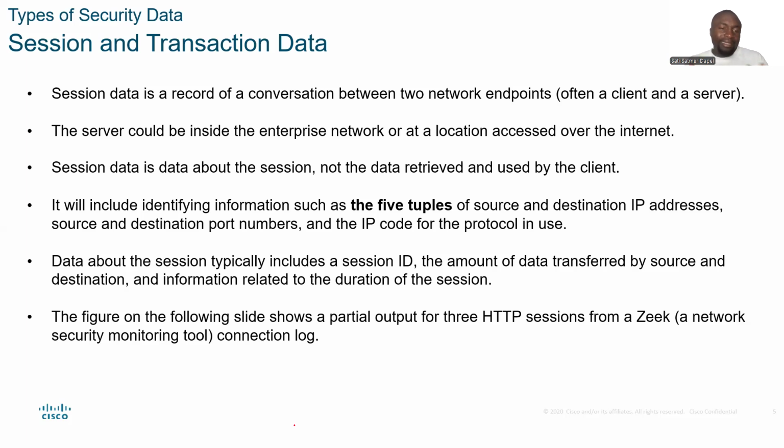Data about the session typically includes the session ID, the amount of data transferred by source and destination, and information related to this session. Those are the kind of data that is recorded.